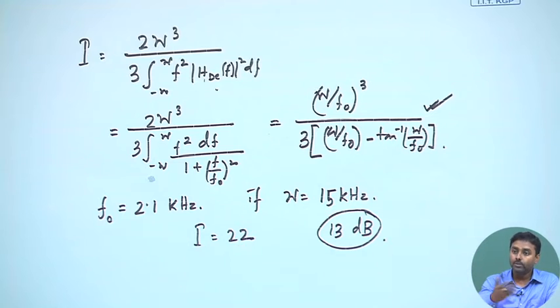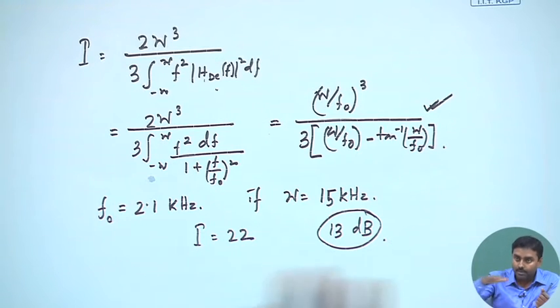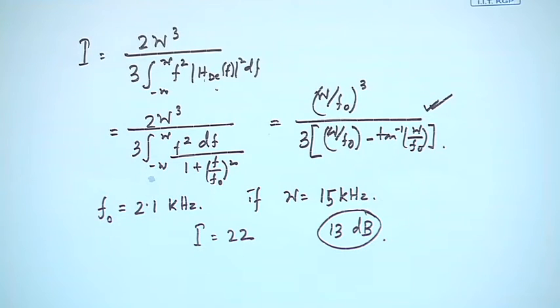This becomes 22 times higher, that means without pre-emphasis and de-emphasis, whatever noise we get is 22 times higher than with pre-emphasis and de-emphasis. Basically you will get 13 dB higher noise at the receiver if you do not employ pre-emphasis and de-emphasis. That is a big benefit. So you will have a 13 dB margin in the SINR or SNR.